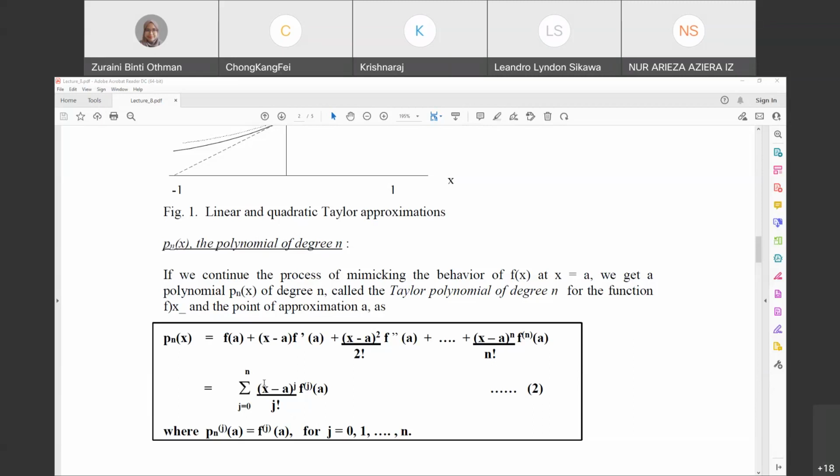Taylor polynomial tu dia masuk dalam topik apa Maths apa? Numerical juga? Itu polinomial tak silap saya. Oh, polinomial. Tapi polinomial tu dia macam nak cari rational macam tu. Dia nak cari baki remainder macam tu ke tak?